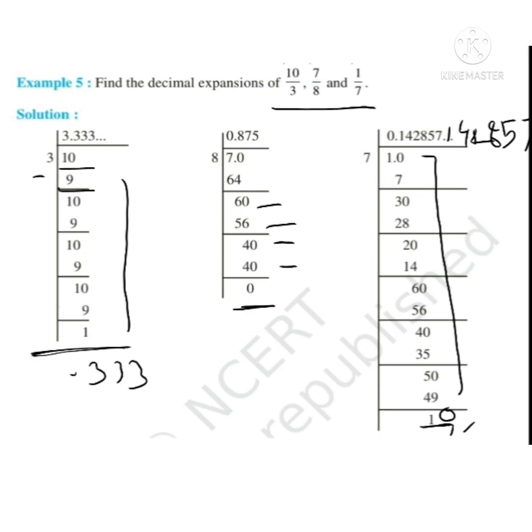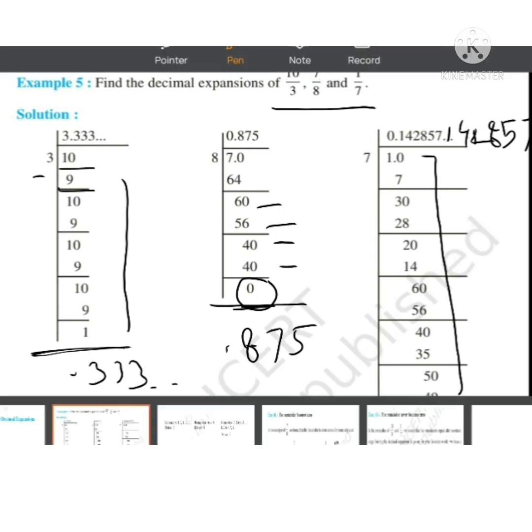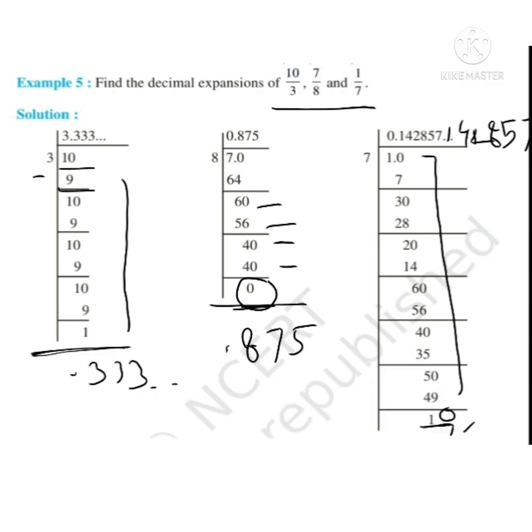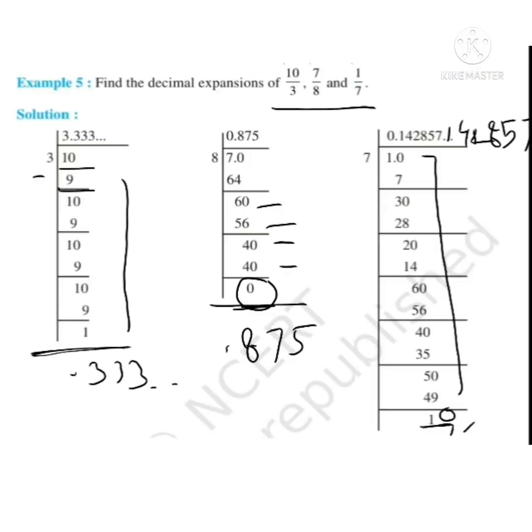That is 0.3333. In this, the remainder never becomes 0. In 7 by 8, the answer is 0.875, but in 1 by 7 it keeps on going, and in this 6 digits are repeating. Okay, so what we observe is that for 10 by 3, the divisor is 3 and the remainder is 1, 1, 1, 1.